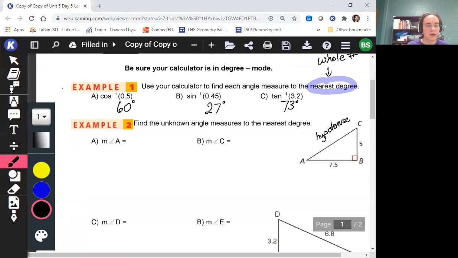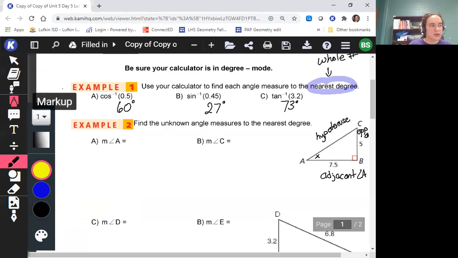And the first angle we're looking for is angle A. So we're going to label from angle A. So next to angle A is the 7.5. That means that's the adjacent side for angle A. And that leaves us with the 5 being the opposite for angle A.